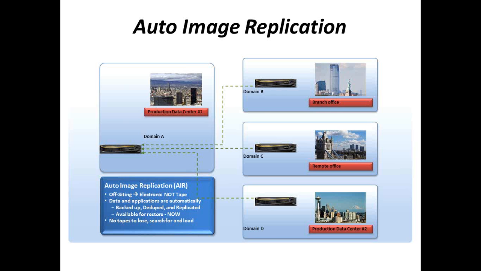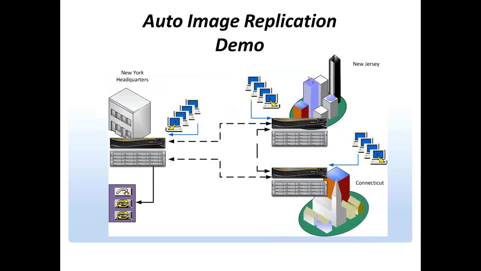Now, one other feature that is pretty nifty when it comes to a DR scenario, we'll take a look at this slide right here. We have a New York headquarters, we have New Jersey, and we have Connecticut, and we have 5230s at each site. If you notice the black arrows, each one of these sites is acting as disaster recovery for each other. They're actually replicating to both targets.